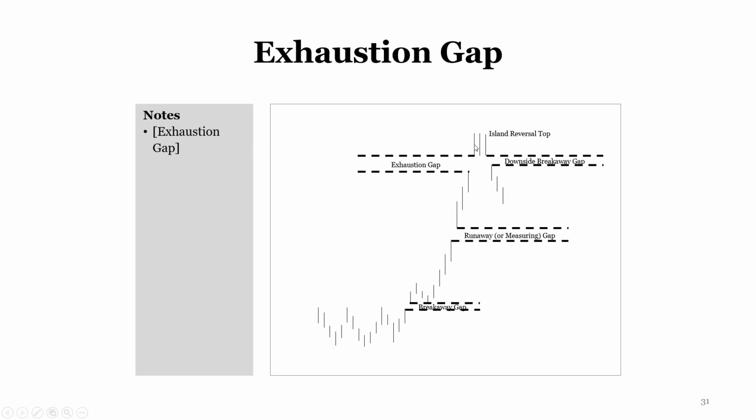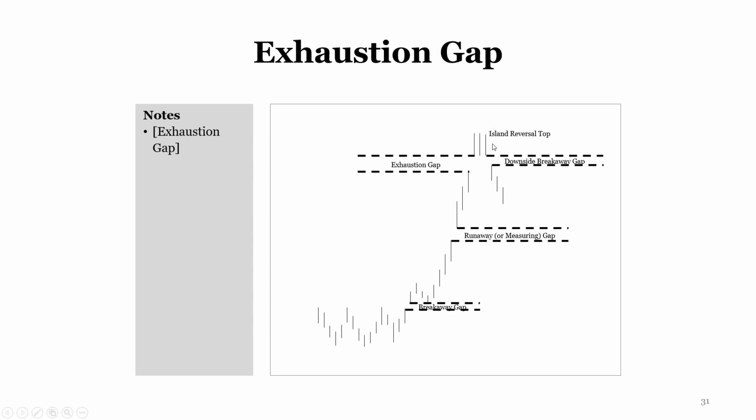The volume is not enough. So it needs a big catalyst for the stock to move up further. It doesn't mean that after the exhaustion gap, the stock cannot go higher. It can go higher and higher. It's just resting with the low volume.